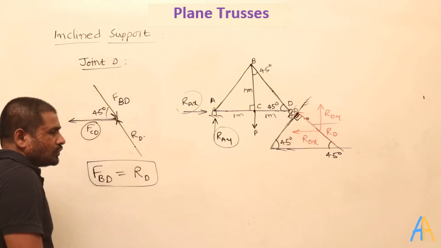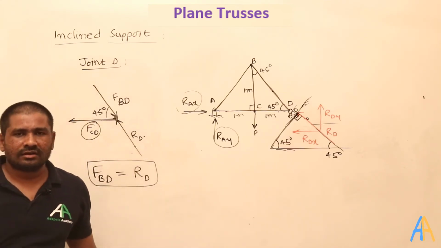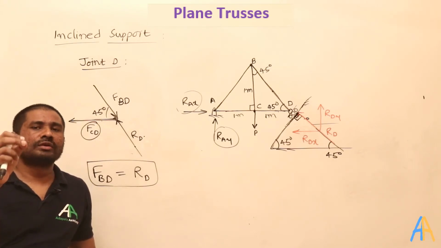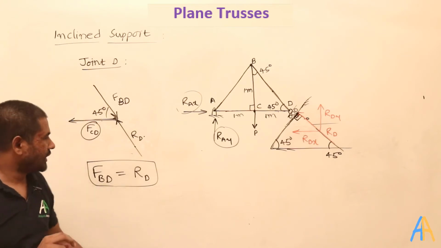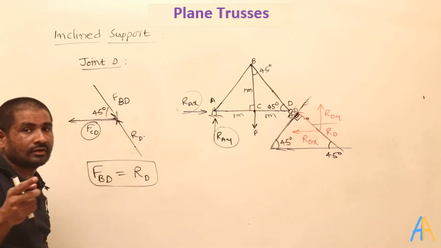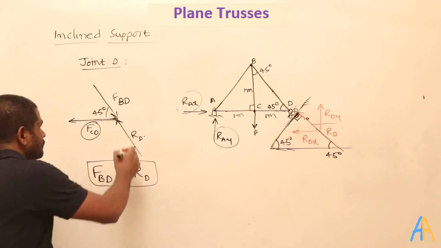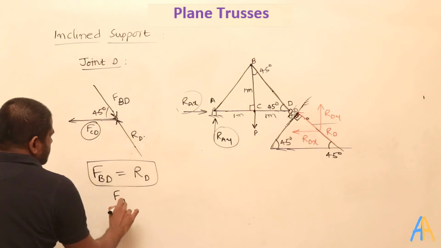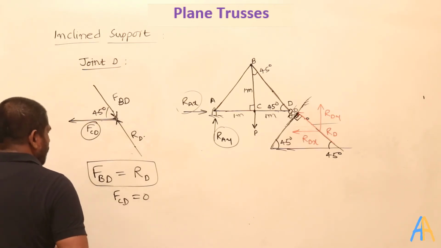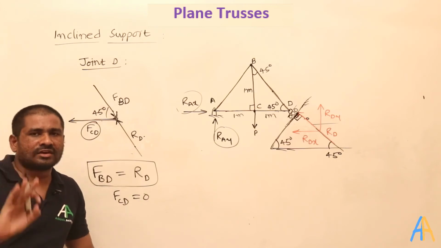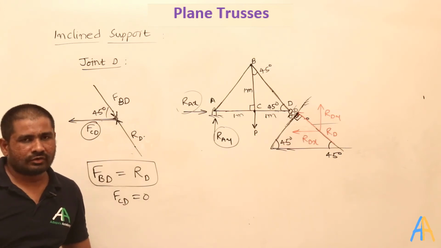Whenever two forces are collinear at a junction, a tri-force junction, where tri means three forces, and two forces are collinear, then the other force will become 0. So FCD is becoming 0. Understood? These types of techniques should strike you immediately in the examination.